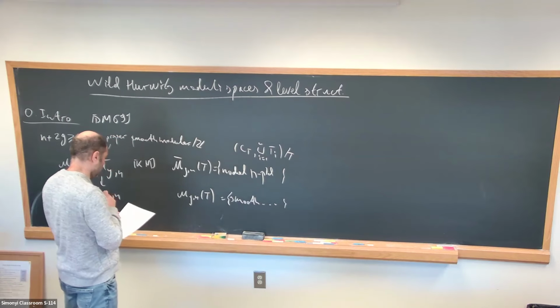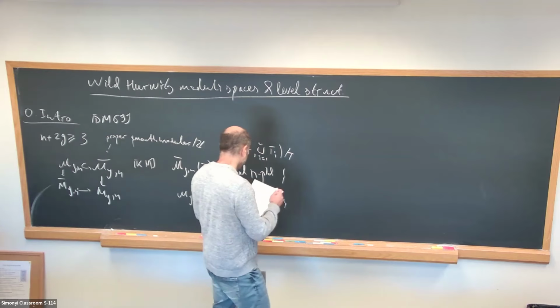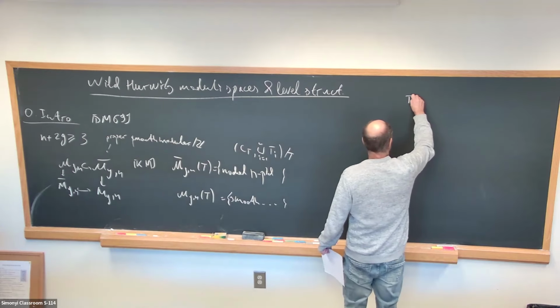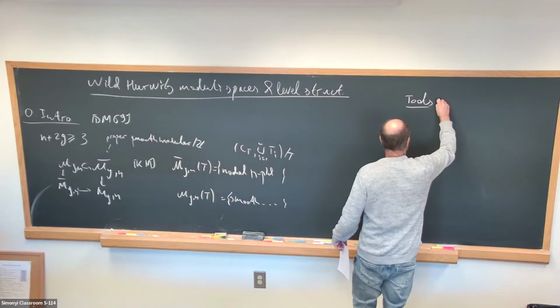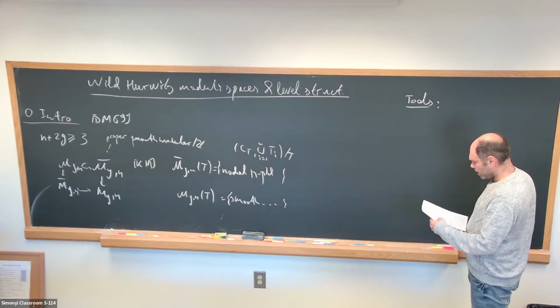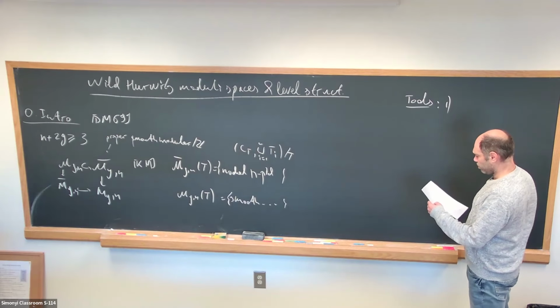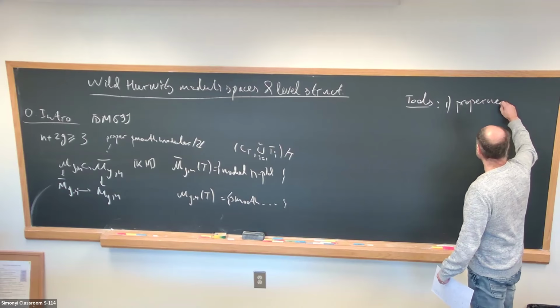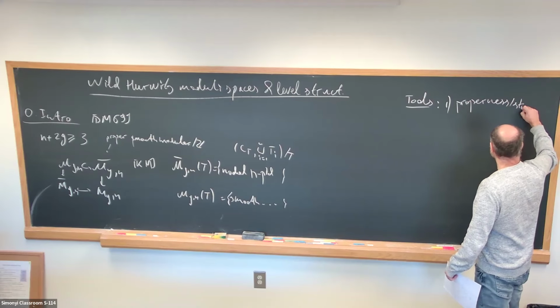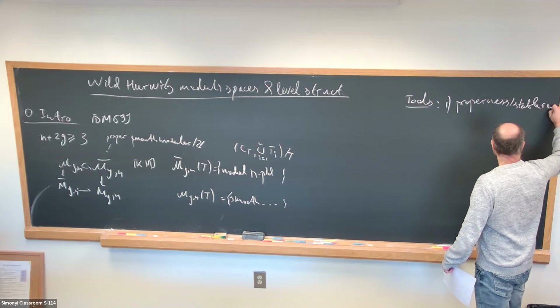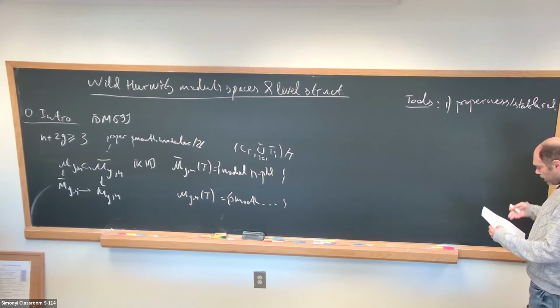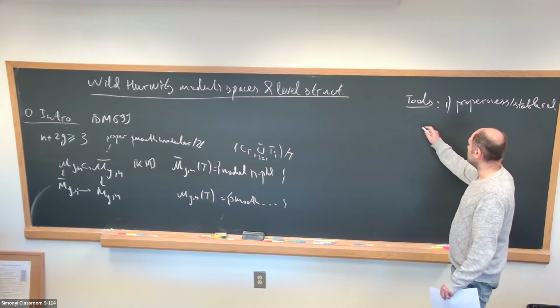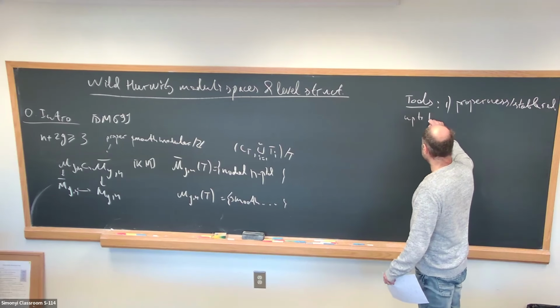Okay, and what are the tools for this story? Just some tools. First, for properness or stable reduction, one needs some valuative criterion, and it says that up to a finite extension R' of R, which I completely ignored.